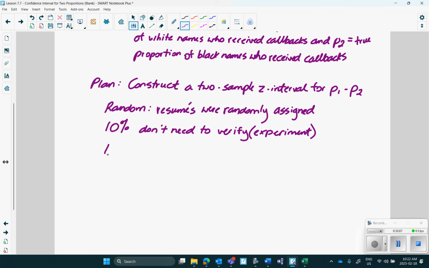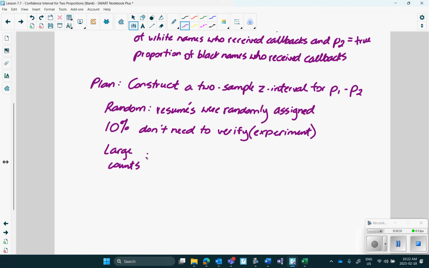And finally, large counts. Now we've got to find a few here. Remember, we always had to find n times p hat and n times 1 minus p hat. Well, we've got to do that for each group.